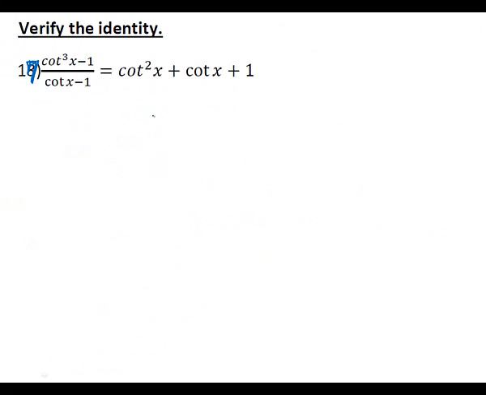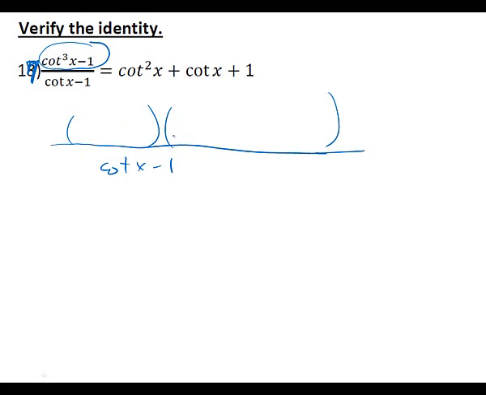Okay, so I have to do the difference of cubes factoring. All right. So I'm going to keep the cotangent x minus 1 in the denominator. And I know I've got to go from a binomial and a trinomial. What sign are we going to start with? Negative. What are my other two signs? Positive, positive.